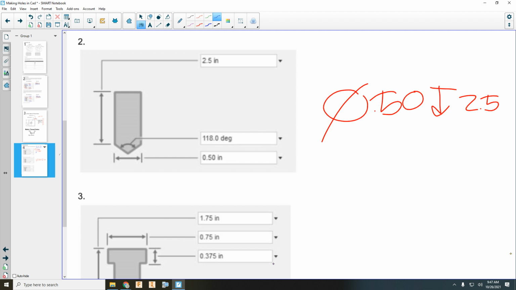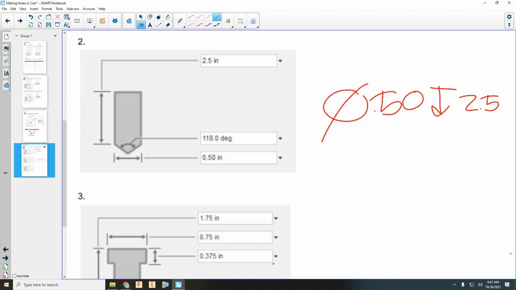Yep, that's it. Okay, we have 1/2 inch diameter, 2.5 inch depth. Okay, pretty easy. Now this gets more complicated. We haven't talked about that yet. If you have a simple hole and it's for a peg or something, then that would be specific. If you have a simple hole, how close do you want the fit to be if there's supposed to be a bolt going into that hole?